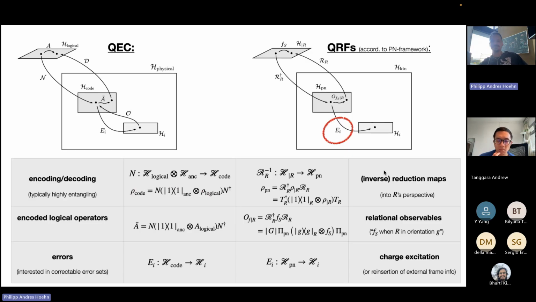I'm fixing the state of it, and I fix the encoding by taking a fixed U. But once I have defined this, I can now conjugate the rho code by a different non-local unitary, some different disentangling unitary that maps this to a different product of one tensor rho logical prime, and that would be a different encoding or a different decoding.